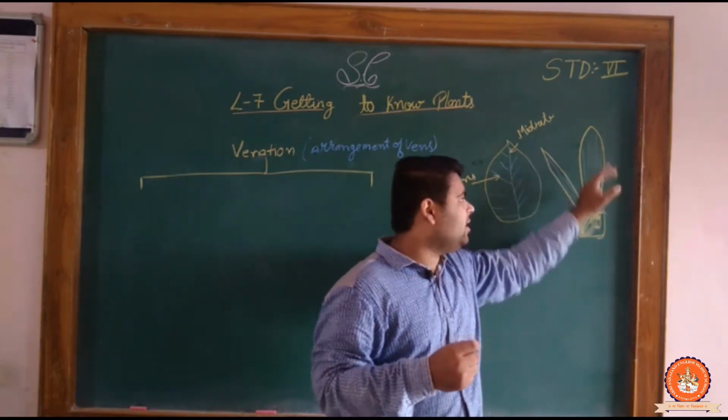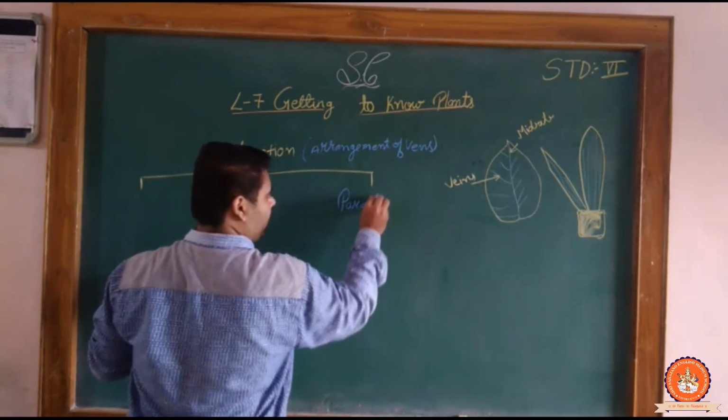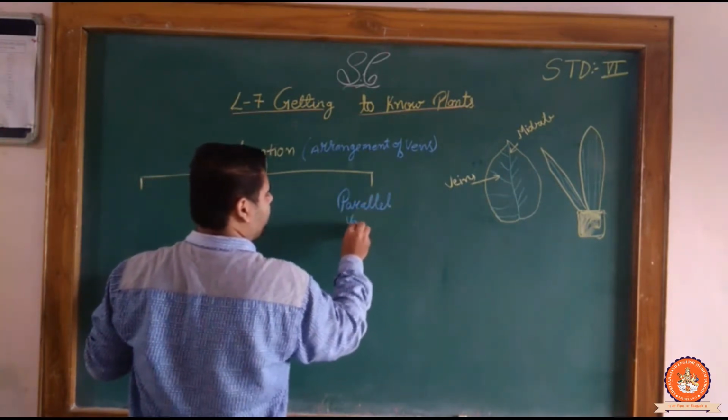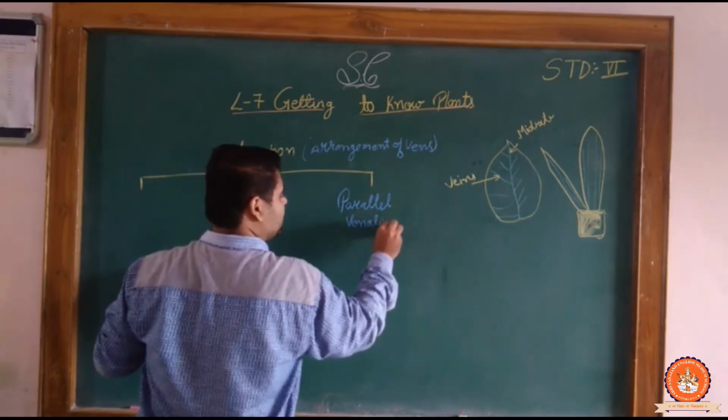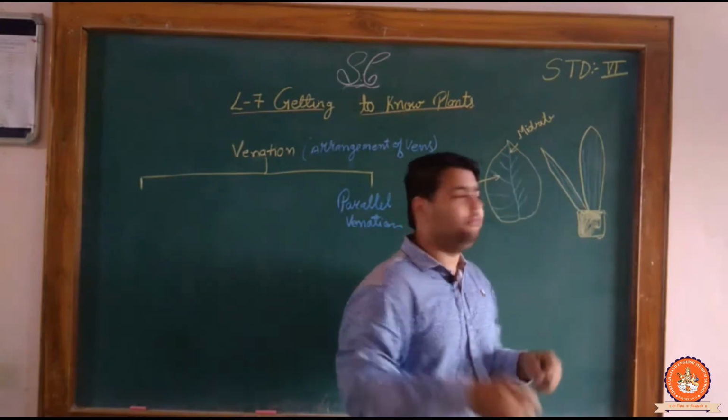Here the veins are of parallel venation, which means the veins in the leaf are in a parallel form.